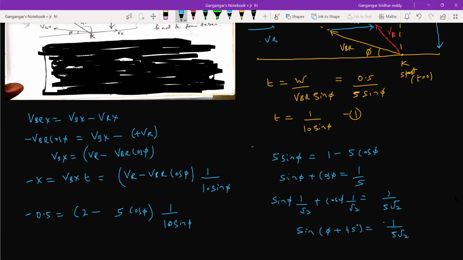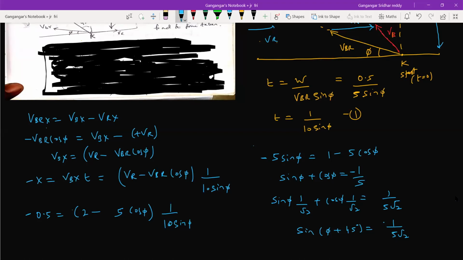This is 2, no? Then we'll end up with minus sin phi, minus of 1 by 5. The drift is towards left, no?